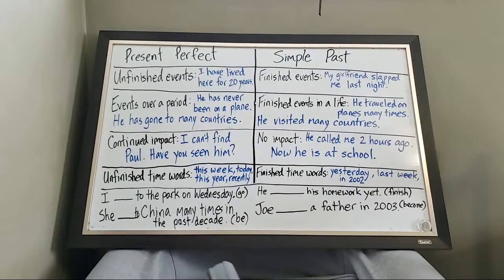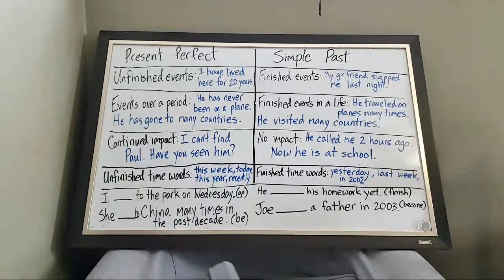Excuse me, coughing. So the answer should be he hasn't finished, right? The present perfect. He hasn't finished his homework yet. Okay? You might hear people say he didn't finish his homework yet, because when people are speaking English, a lot of times they break grammar rules, but the meaning is still possible.